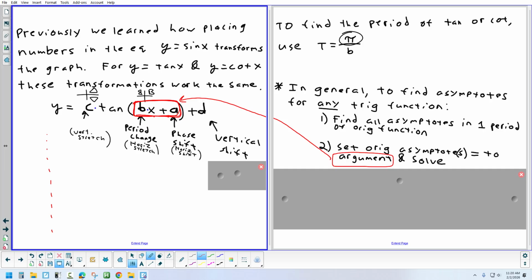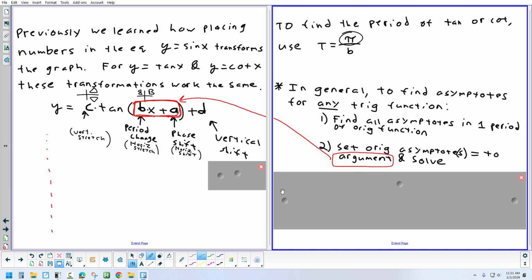And the reason we set it equal to the argument is because the A and the B are the only things that can affect the asymptotes. C and D have nothing to do with asymptotes. And actually, that's the last step.